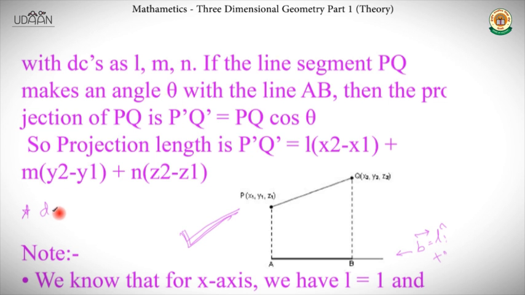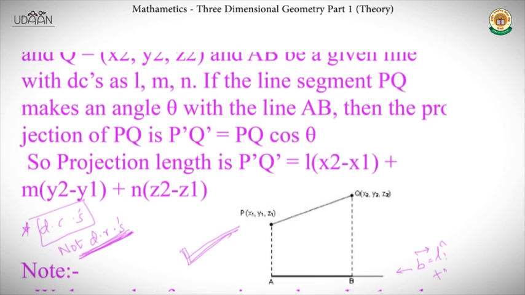Remember, it is direction cosines, not direction ratios, because for direction ratios, as there are infinitely many direction ratios, there would be infinitely many projections possible, which is actually not the case.